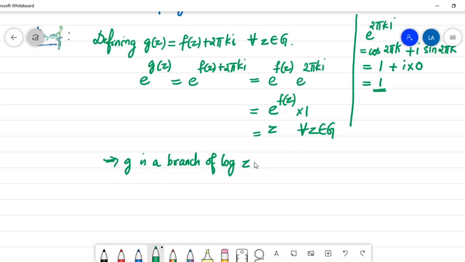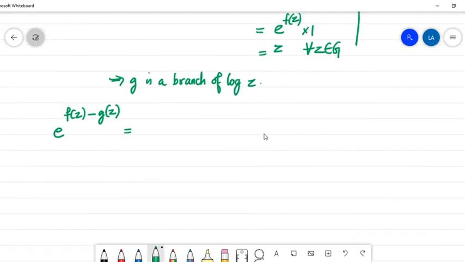Okay. Now think about f of z minus g of z, and just think about e raised to f of z minus g of z. What is that?